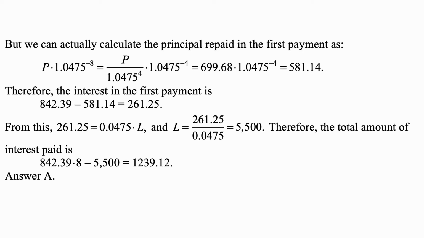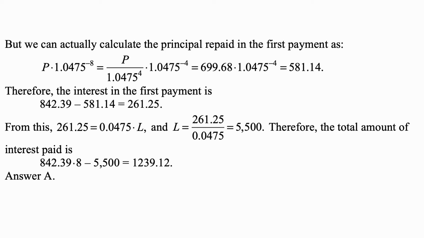And we know that first expression to be 699.68, so this is 699.68 times 1.0475 to the minus fourth, and that's 581.14. Therefore, the interest in the first payment is the payment minus that, so 261.25, and that 261.25 is 4.75% of L, so that L is equal to 261.25 over 0.0475, and that's 5,500.